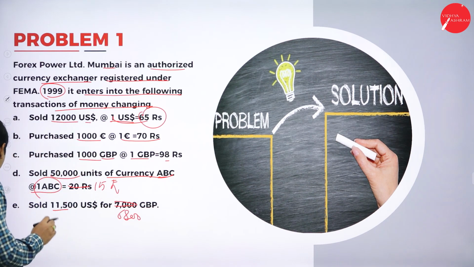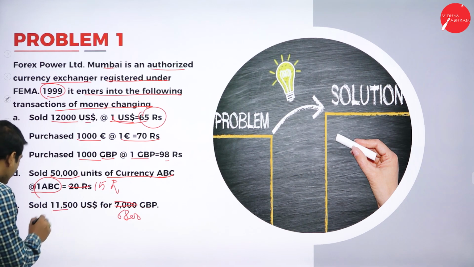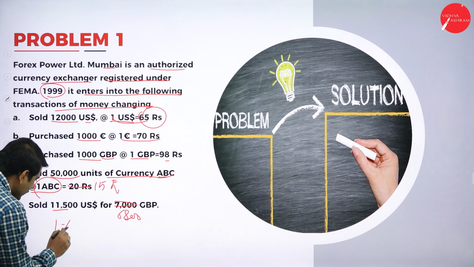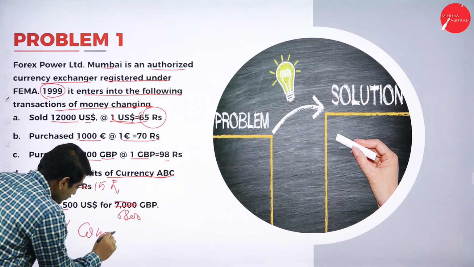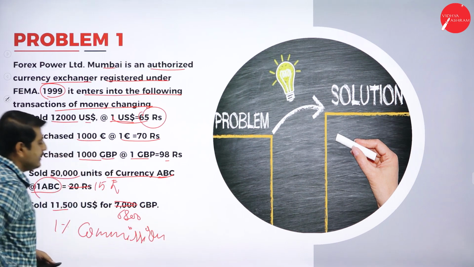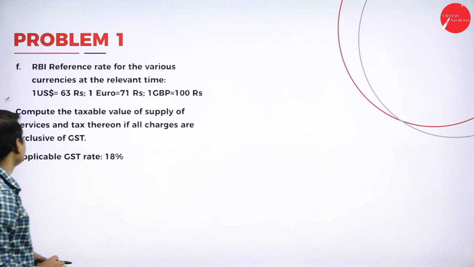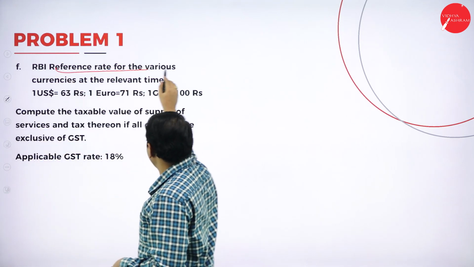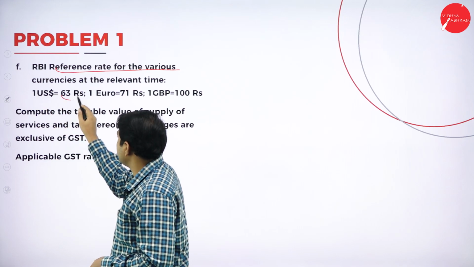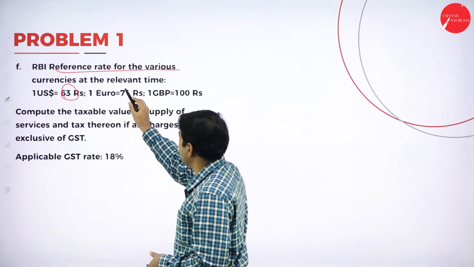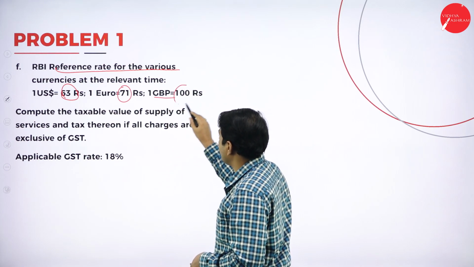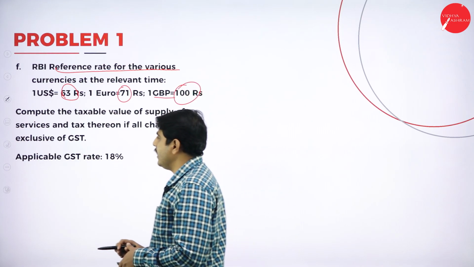And also one more piece of information we will add: it is selling, and the commission is 1%. This is the information they have given. And the RBI reference rates on the various currencies are: $1 equals 63 rupees, 1 euro equals 71 rupees, and 1 GBP equals 100 rupees. This is the information they have given.